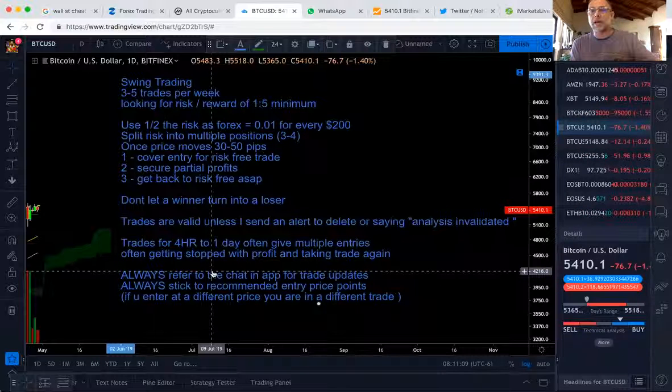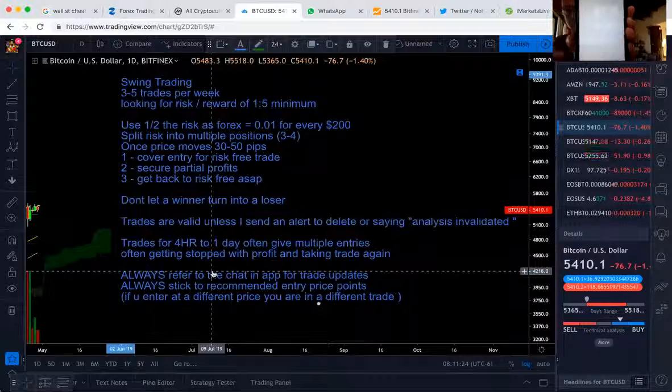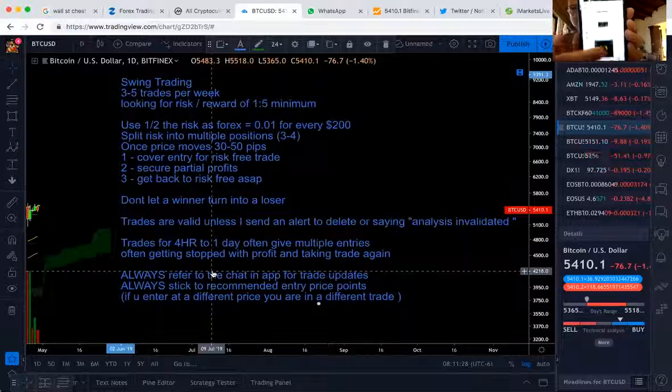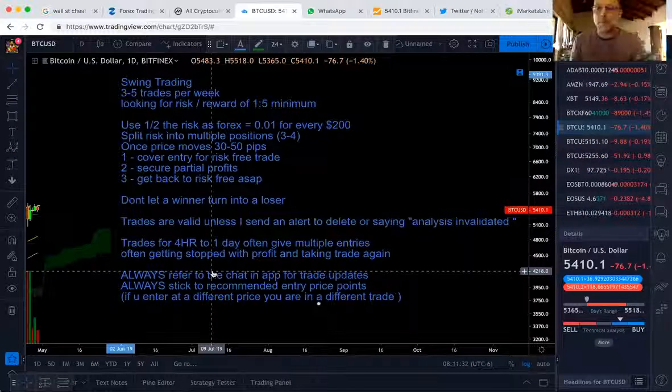Always refer to the chat in the app for trade updates. I'm always keeping you guys in tune with what's going on with the trade in the broadcast chat in the app, okay? Inside the app, we have a broadcast chat right inside the app. And inside of here is where I'm keeping you guys all up to date with the setups that I'm looking for, the results that we're getting, little videos showing you what I'm looking for next to happen in the market.